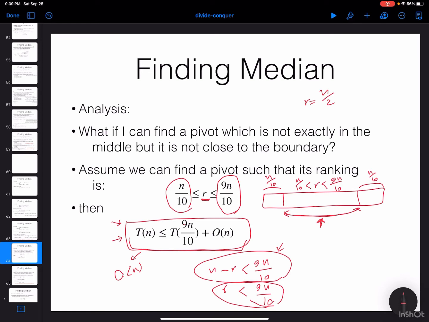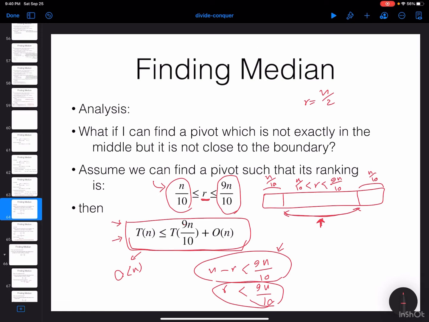Okay, so this is very good. If I can find such a pivot value, then still the full algorithm for finding the kth smallest will be linear.